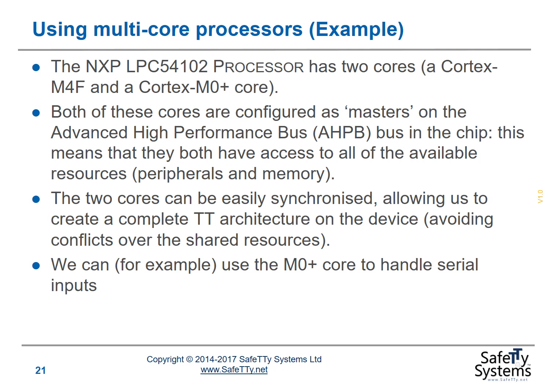So we could use the Cortex M0 core to deal with high-frequency serial inputs, and use that core to process a small number of interrupt events and then pass the information that's received from those interrupt events into the main processor and run a TT architecture on the main processor. Alternatively, we could configure the system so that we had a fully TT design synchronizing all of the processors. There are a number of different options here.